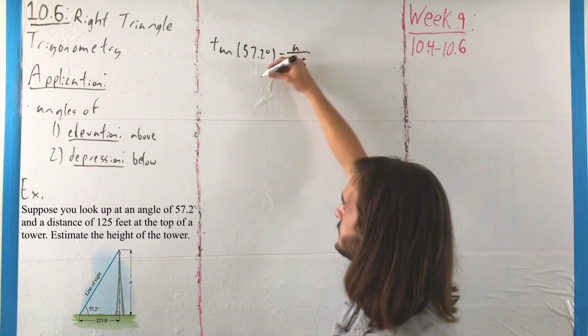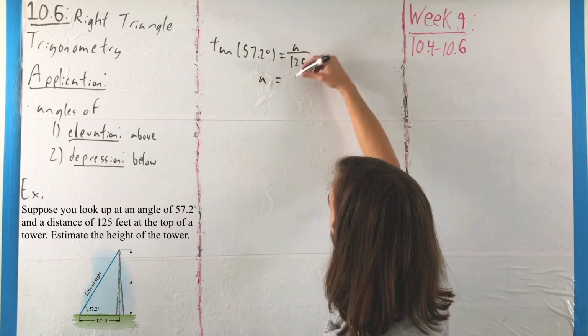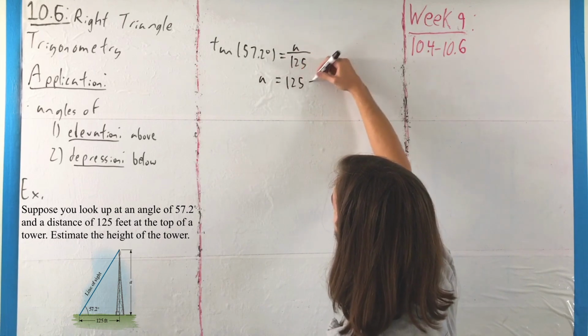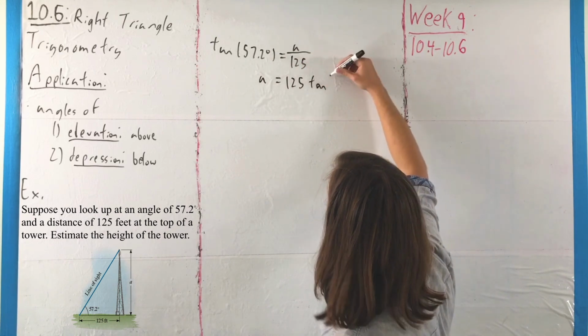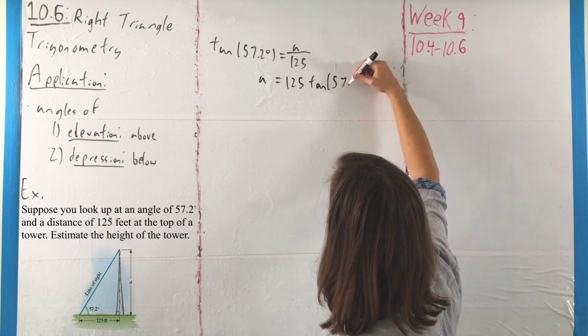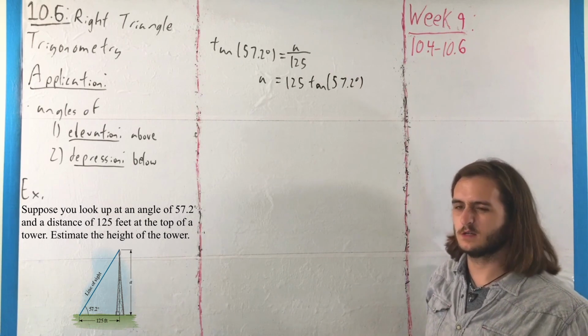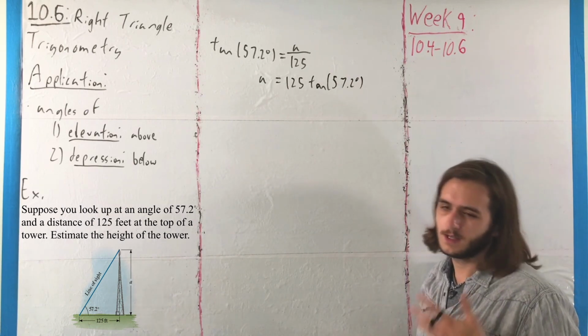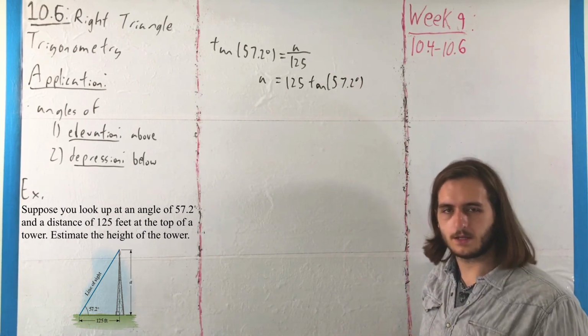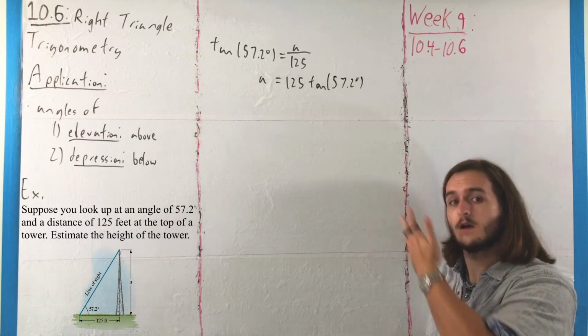So, rearranging, multiplying that is, we get that a is equal to 125 times tangent of 57.2 degrees, where on an exam, this is actually the sort of answer I'd want, because unfortunately, as I said, the real world doesn't fit into nice patterns, and that doesn't come close.